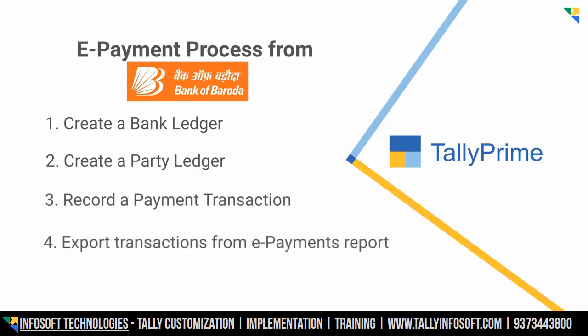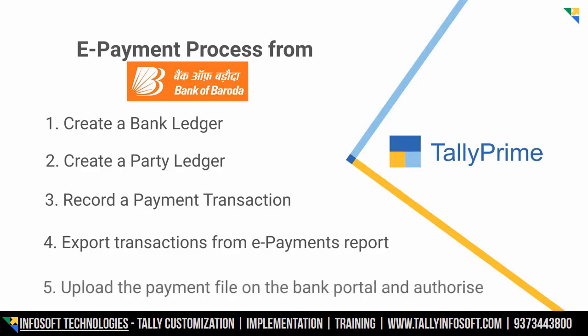Open the e-payments report and export the transaction in order to get the payment file. Finally, upload the payment file on the Bank of Baroda portal and authorize it, after which you can import the payment transaction report in TallyPrime and reconcile the transaction.